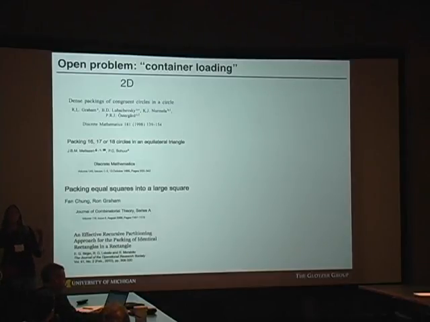So in operations research, there's a lot of interest in what they call container loading. The idea is maybe you would want to pack a container most efficiently for food storage or transportation.